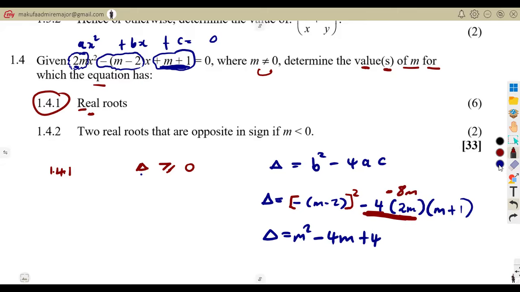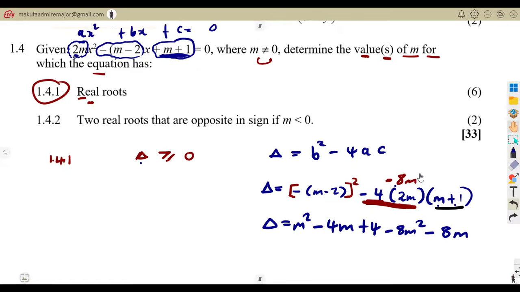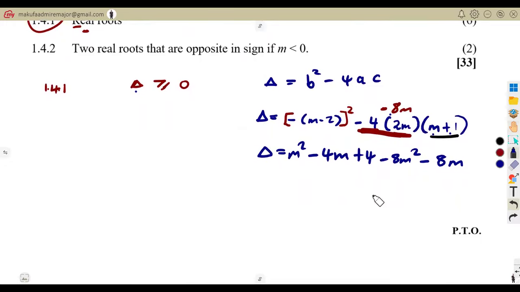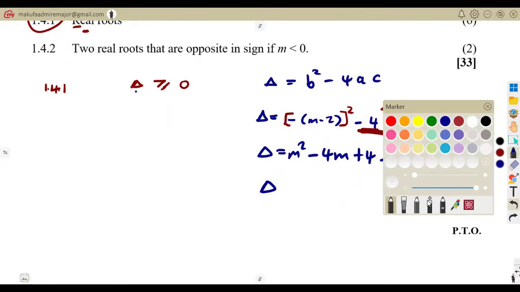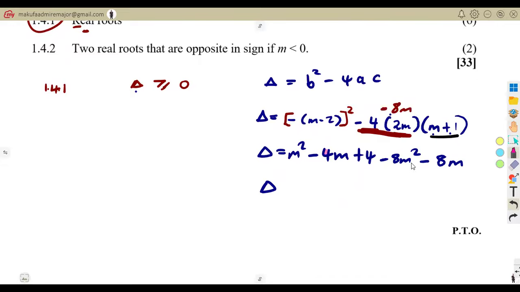All right, then you expand that negative 8m into this bracket of m plus 1. So that's minus 8m times m, which is minus 8m squared. Minus 8m times 1, which is minus 8m. All right, so this is where you are. And at this stage, we can see that we have got like terms to be considered. All right, let's start with the part of m squared and this minus 8m squared.